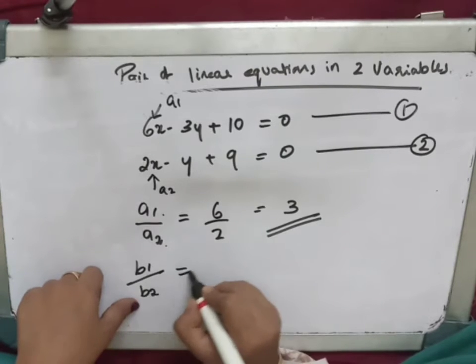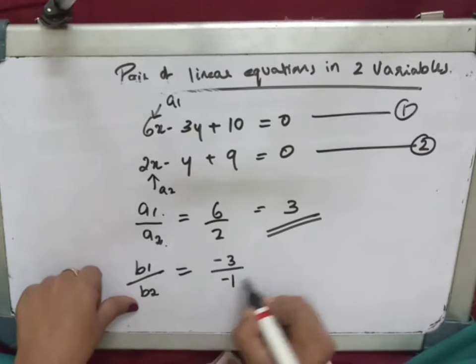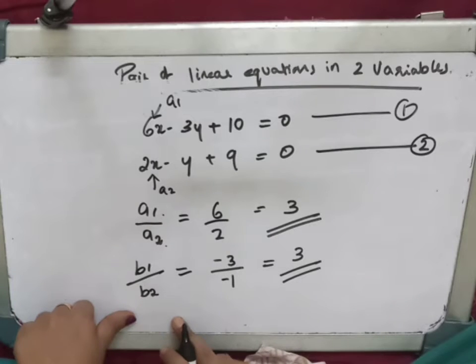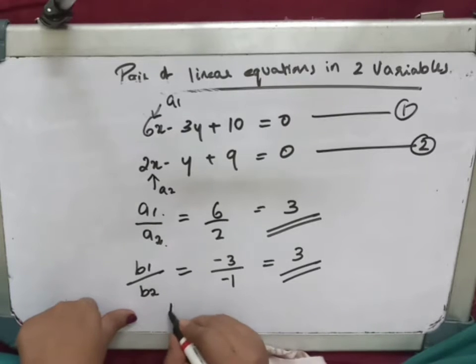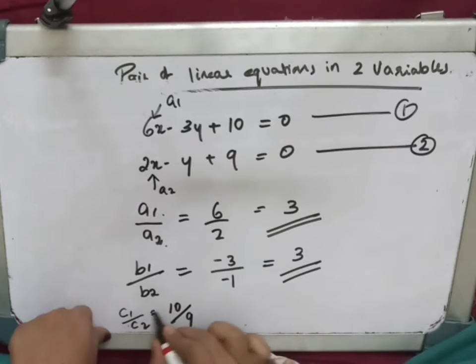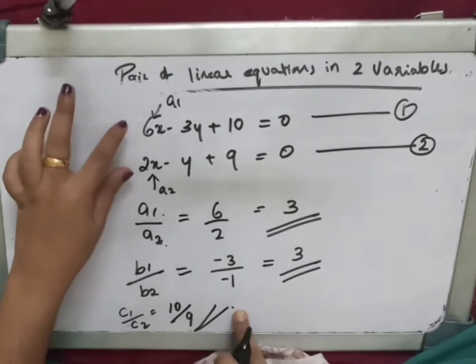That is the ratio of the coefficients of y. Minus 3 by minus 1. Again that is equal to 3. Now let us find c1 by c2. That is 10 by 9. So these are the three ratios we obtained from these two equations.